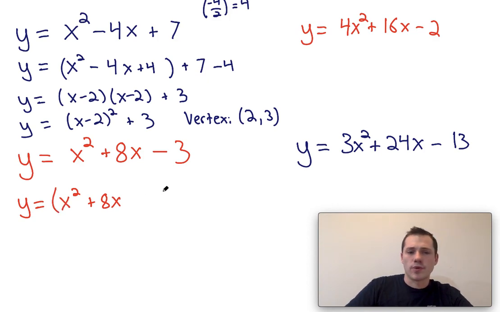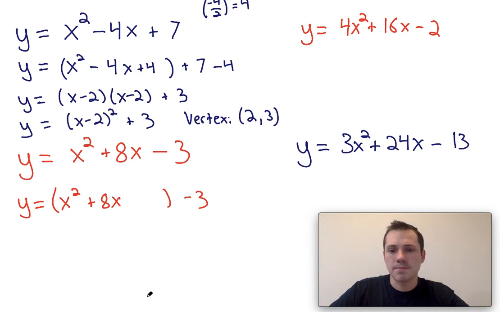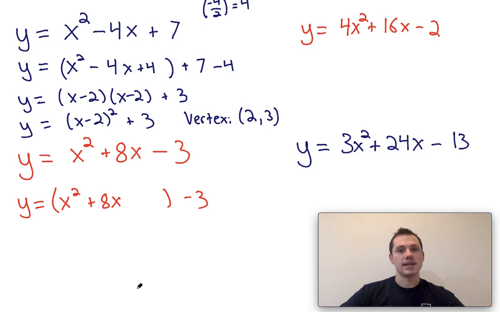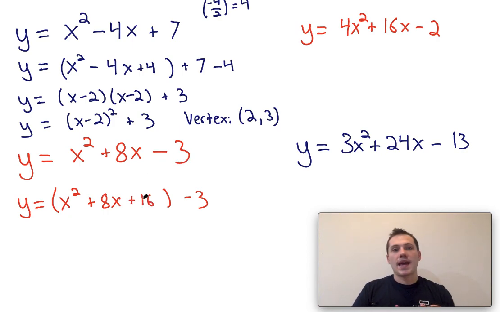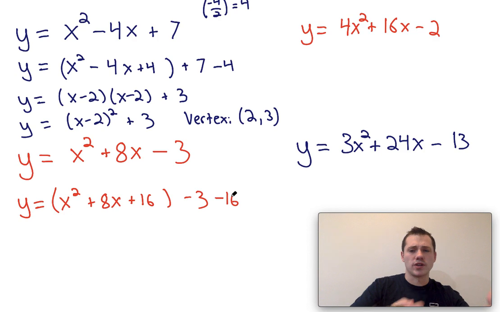We put that in parentheses, just like we did last time, with minus 3 on the outside. Now you take the b value, which in this case is 8, and divide it by 2. 8 divided by 2 is 4. Then I square it, and 4 squared gives me 16. If I add 16, I also have to take away 16, so that I haven't changed the equation at all.